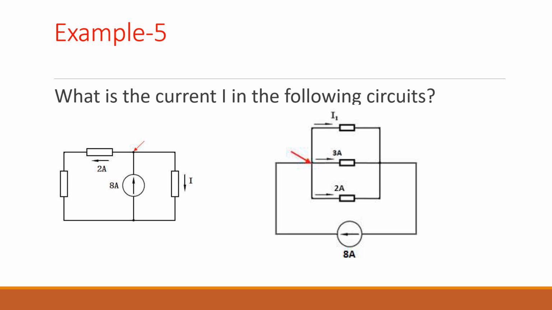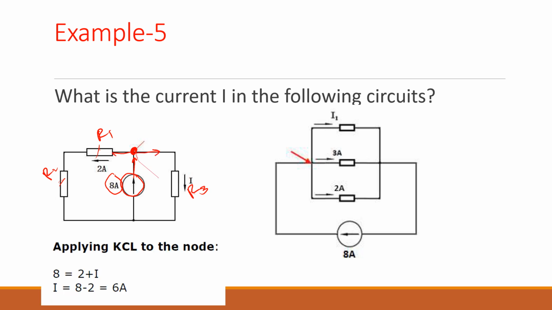Let's do two examples with Kirchhoff's current law. So let's start with the first example. You can see we have a current source, and we have resistors R1, R2, R3. We don't need to know the values of the resistance. So you can see 8 amps coming into this node and 2 amps going out and I is going out.